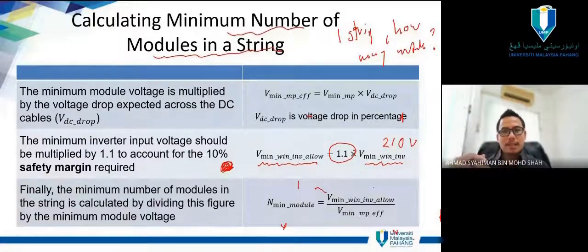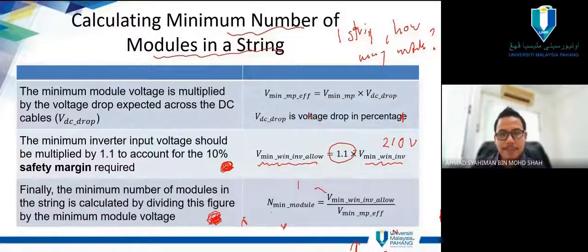And then we are going to calculate the modules in the string. Saya pergi nombor 3 ni. Finally, the minimum number of modules in the string is calculated by dividing this figure by the minimum module voltage.